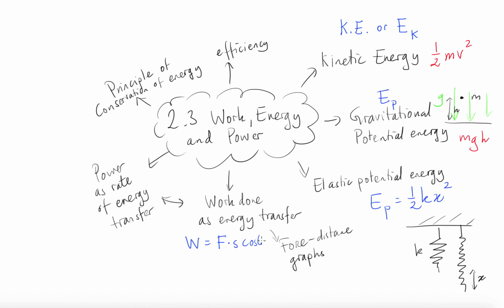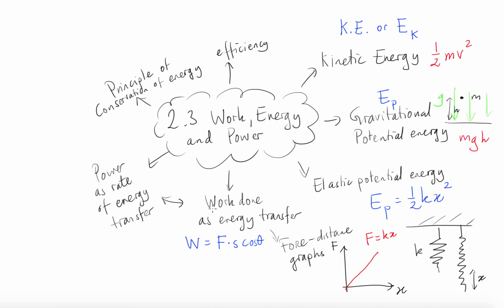So we have to have this cosine theta there. But if we were to have the force distance graph, in the case of the spring, the distance is the extension x, then we end up with a straight line, because Hooke's law tells us that force is equal to the spring constant times the displacement.